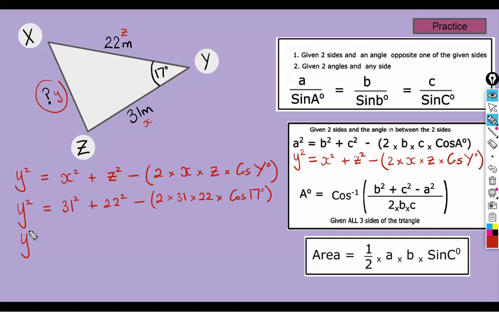So like I said, it's just to type in this straight on your calculator, right? 31 squared plus 22 squared minus open brackets 2 multiply by 31 by 22. All you're doing is typing it straight on.